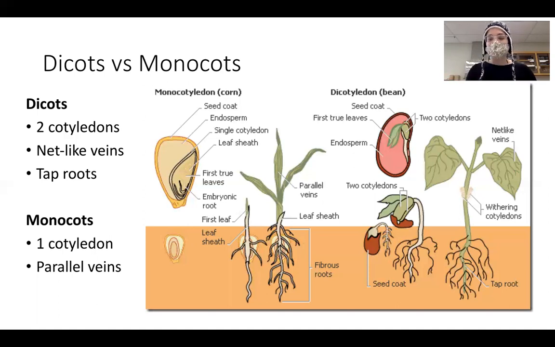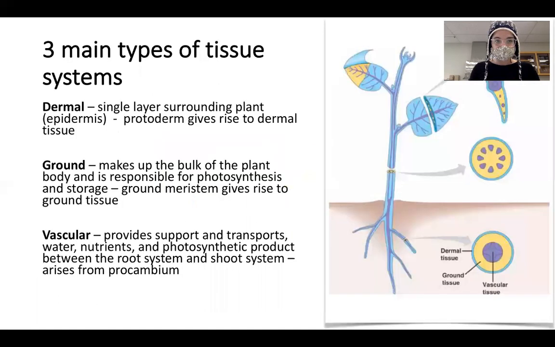And then in dicots, we have a taproot system. So we'll have a main taproot that goes down with a bunch of smaller roots that come off of it. We'll look at the differences between these two in lab, but it's just good to note that monocots do not have a taproot system.